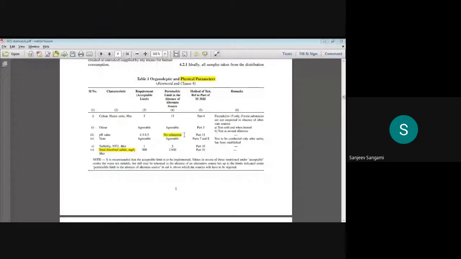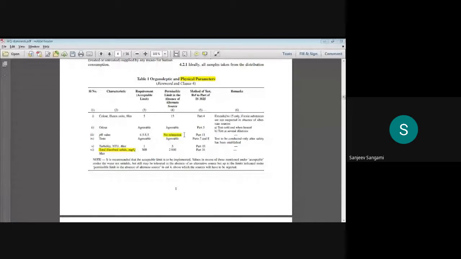Okay, then what is happening is the pH value. Just 3 or 4 years back, or 6 years back, the pH of most of the water bottles was coming in the acidic range. It was around 6.4, sometimes 8.7 or 8.8.